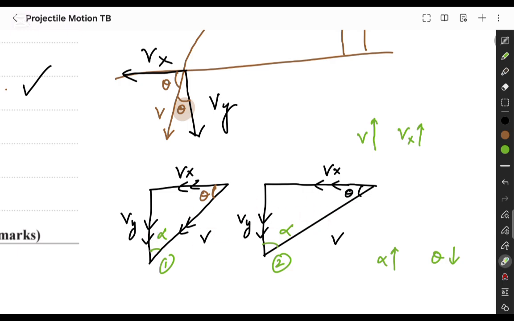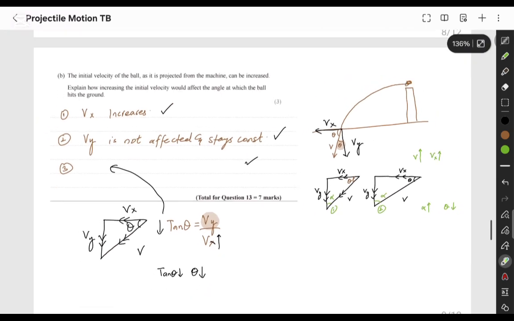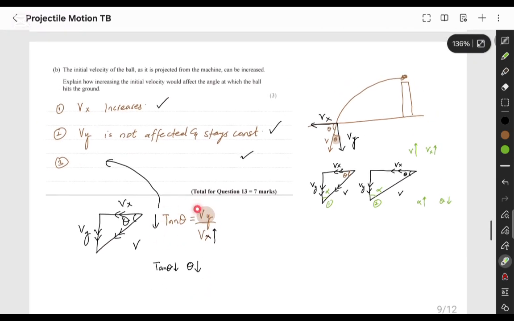Another way to understand this is that as the Vx is going to increase, the V moves closer towards the Vx, so that this angle is going to decrease, and this angle is going to increase. Okay, so I honestly prefer this way. It's a bit easier, but if you want, you can draw the triangles as well. That's acceptable. So any of these three ways the mark scheme says is acceptable.